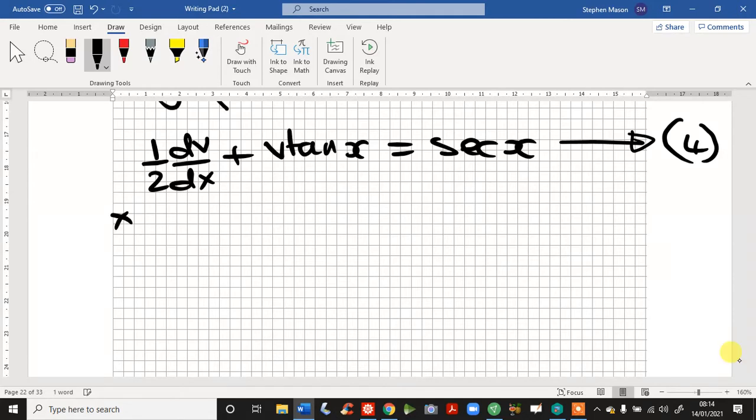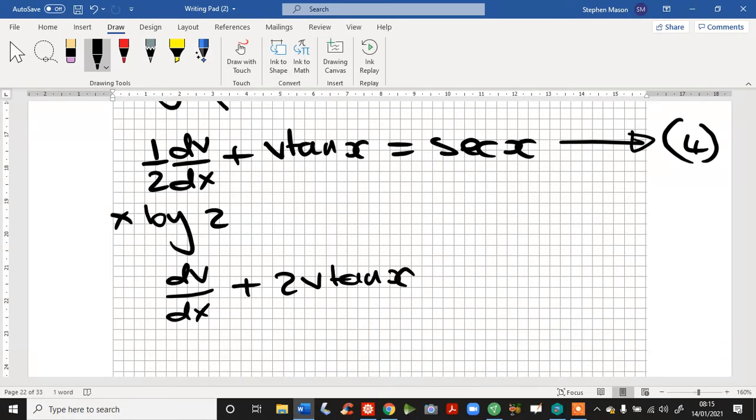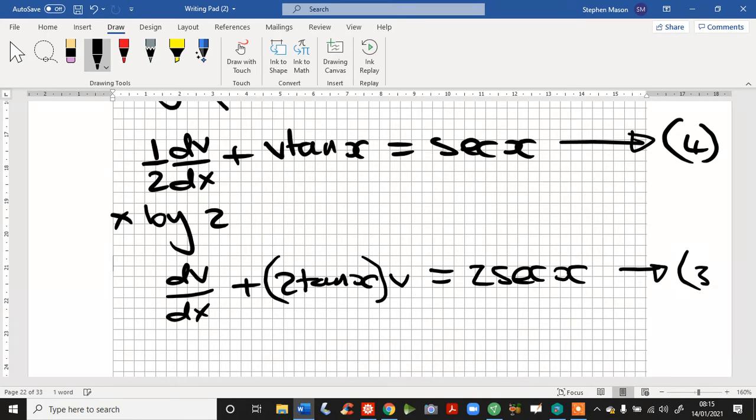So if we multiply throughout by 2, we get dv/dx plus 2 tan x, in brackets, times v, equal to 2 sec x, and we'll call that equation 5.